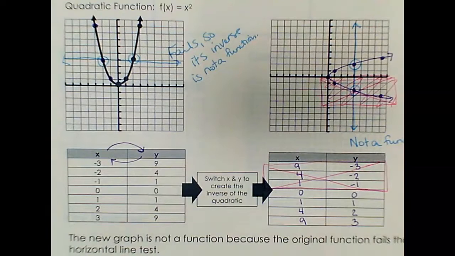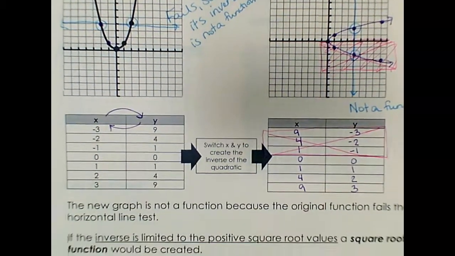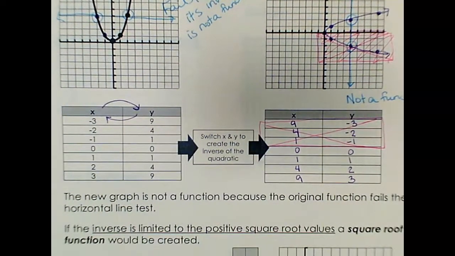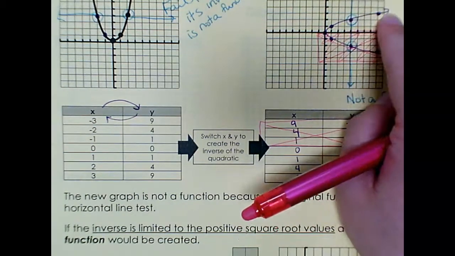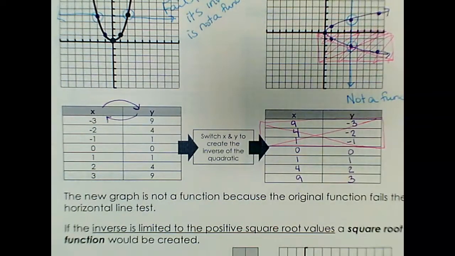Now if I do that, I'll notice that if that inverse is limited to the positive square root values, then a square root function would be created. So this bit of the graph is an exact match to what we had on the previous page, the square root parent function.